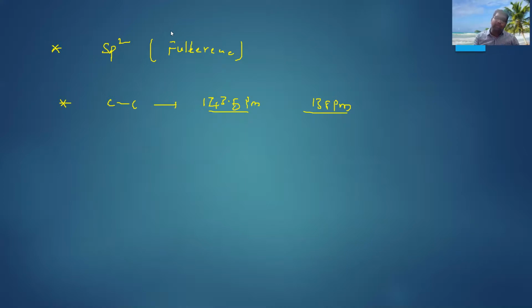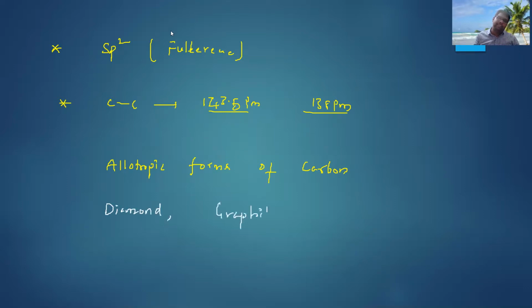What are the allotropic forms of carbon? Write this down also. How many allotropic forms of carbon are there? Here one is diamond, another is graphite, and another is fullerene.